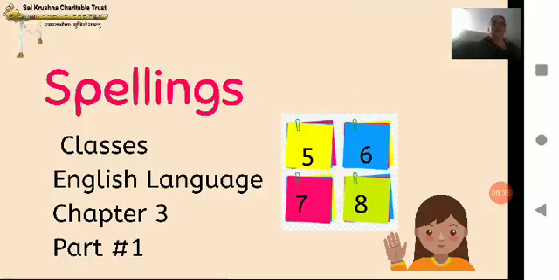The same topic is being taught for all the classes 5, 6, 7 and 8. It is a very, very important lesson because it is important for all of us to write and learn the language only through correct spellings. So let's go ahead and see what we have in store.